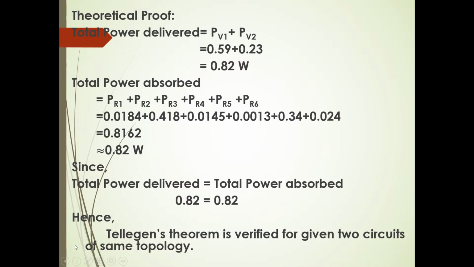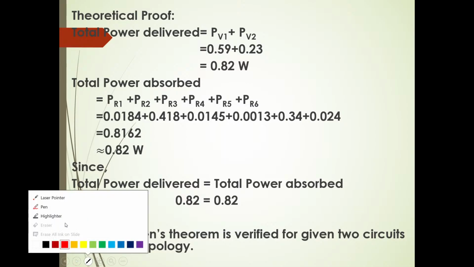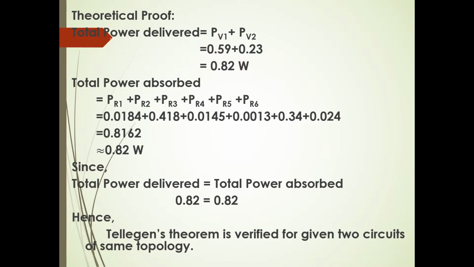So here, theoretical proof. Total power delivered is power delivered by source 1 and power delivered by source 2. That is 0.59 plus 0.23. You just add it, you will get 0.82 watts. So what is the power absorbed? You just add all the powers absorbed by all these 6 resistors, which we have already done in the previous slide.